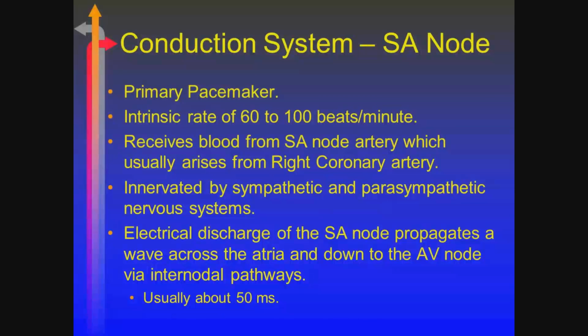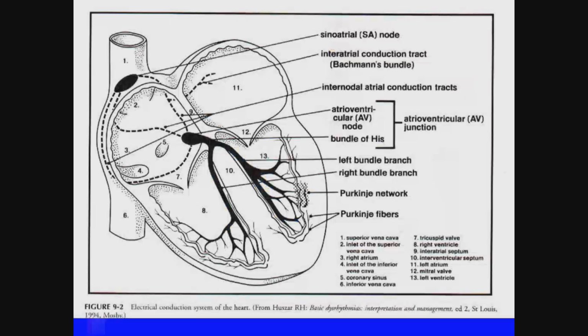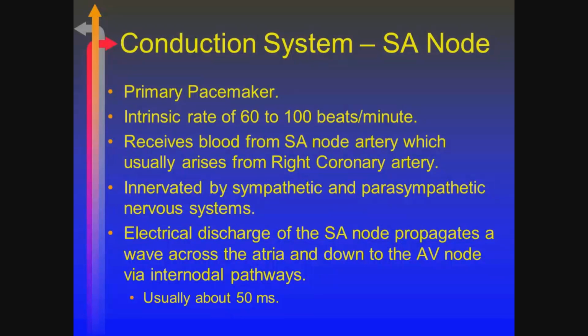Sinus node primary pacemaker, 60 to 100, receives its blood primarily from the right coronary artery, slightly some from the left coronary, from the left circumflex. It has both sympathetic and parasympathetic innervation, and discharge of the sinus node propagates a wave, like I just said, through Bachmann's bundles, here, these dotted lines, to the AV node, and that happens very, very quickly.